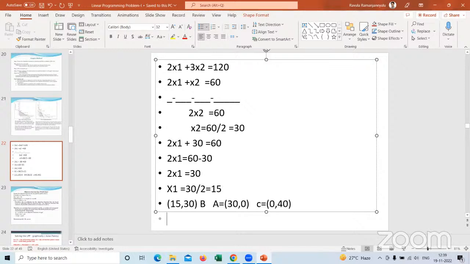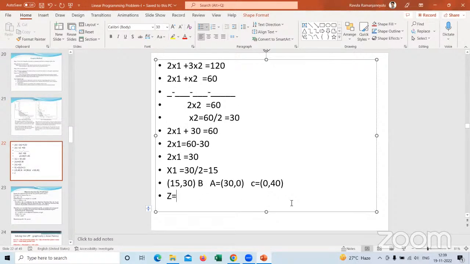No doubt, sir. So we will check the objective function value at these points only. What is the objective function? Z equals to, what was there?